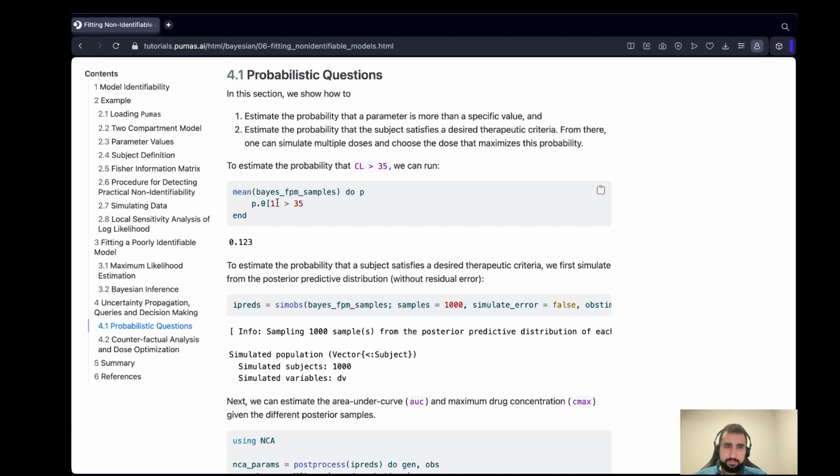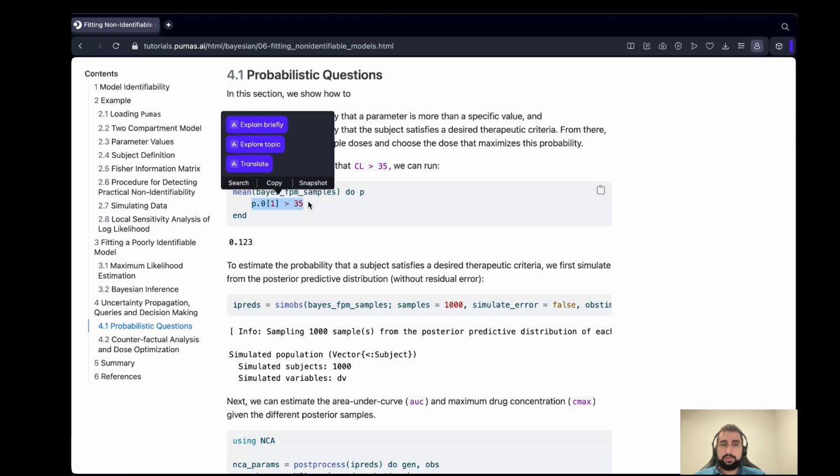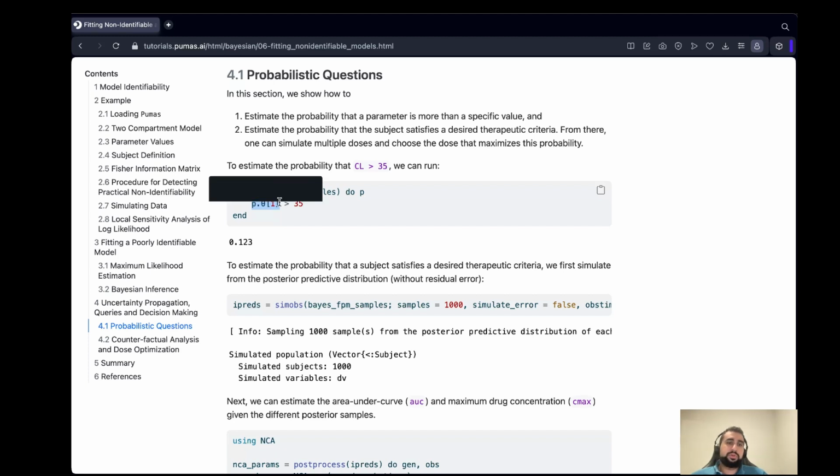And basically what we're doing here is just taking the mean value of that, which is an estimate of the probability of this event here, the event that clearance is more than 35. So that's how you can get probability estimates of your parameters. Now I can do, for example, what is the probability that p.theta1 minus p.theta2 is more than 0.